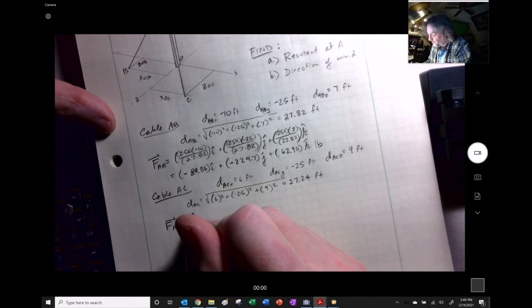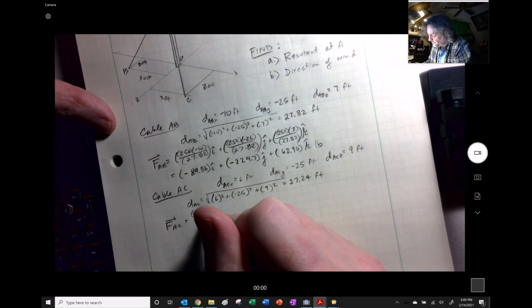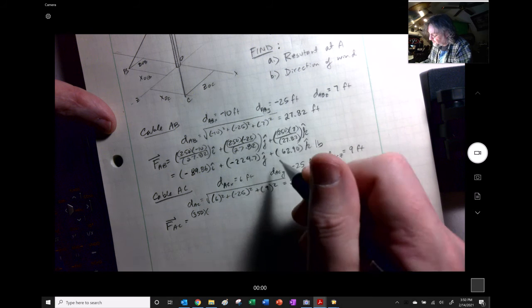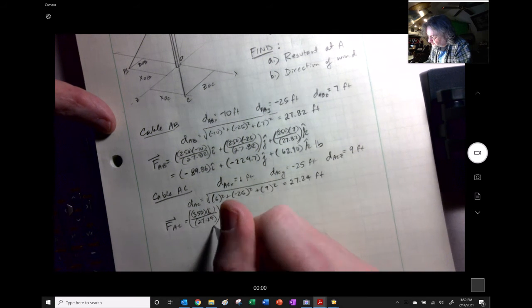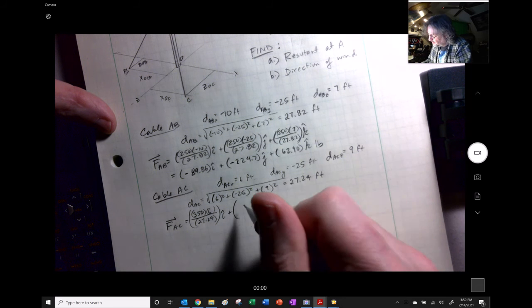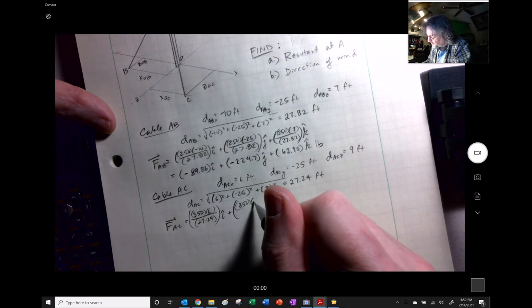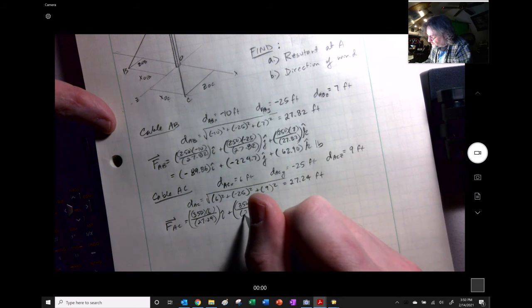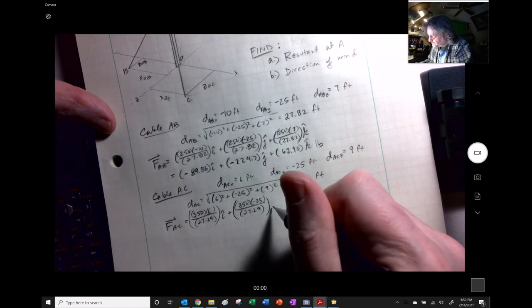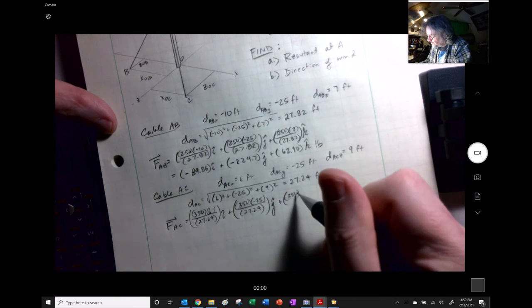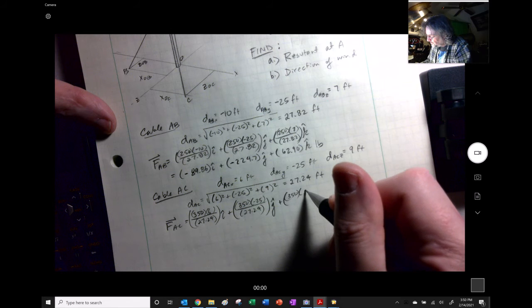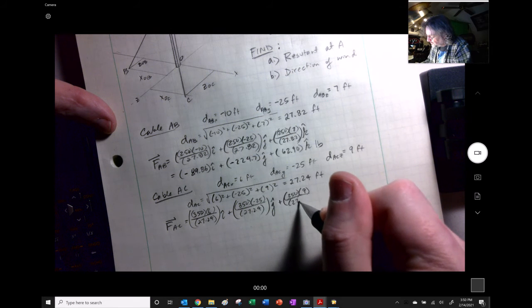We will take our 350, and it's going to be 6 feet divided by 27.24 i, and then 350 times our negative 25 divided by 27.24 j, and then 350 and 9 over 27.24.